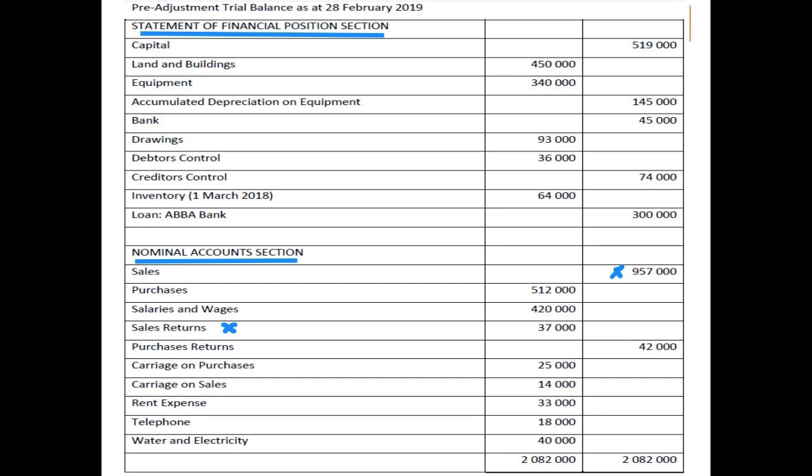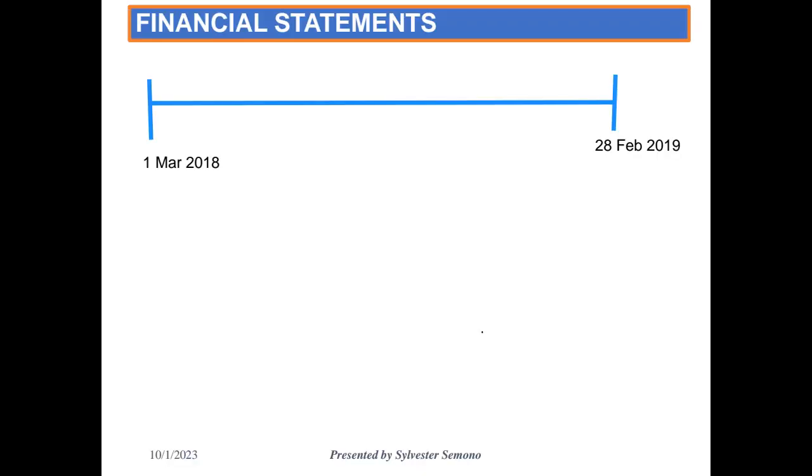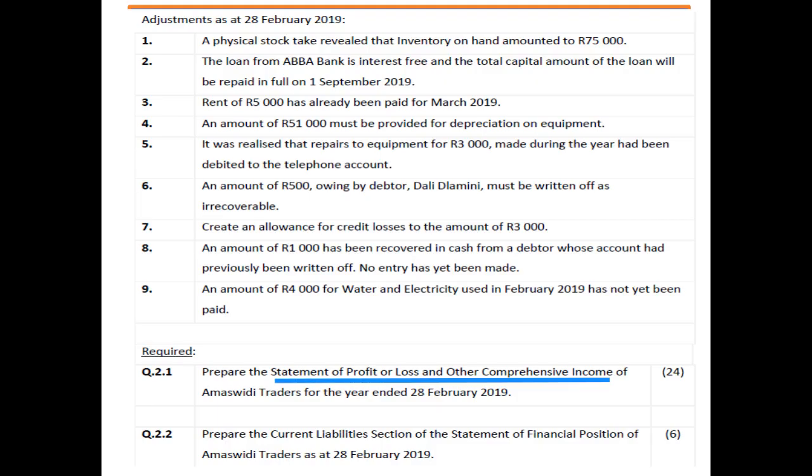No. But remember, we must also check the information there. Sometimes you can find information that can affect sales. So we need to go and check that information, from 1 to 9. There's nothing that affects sales.